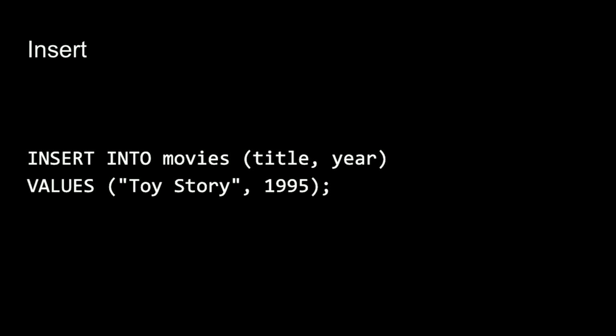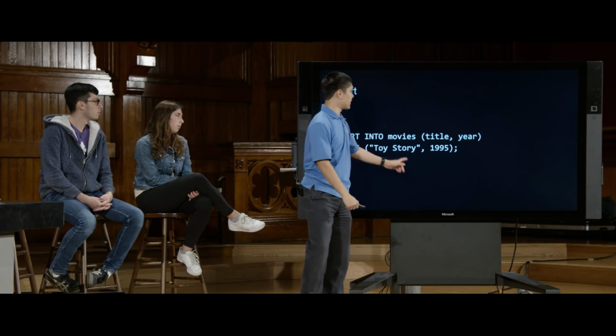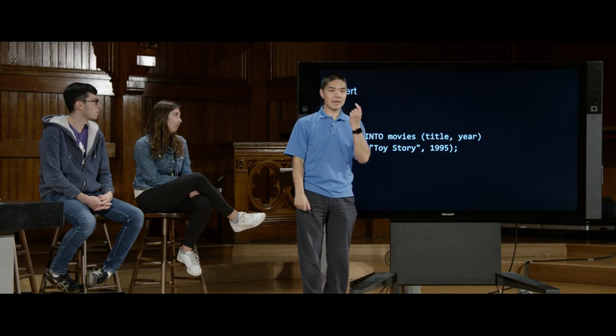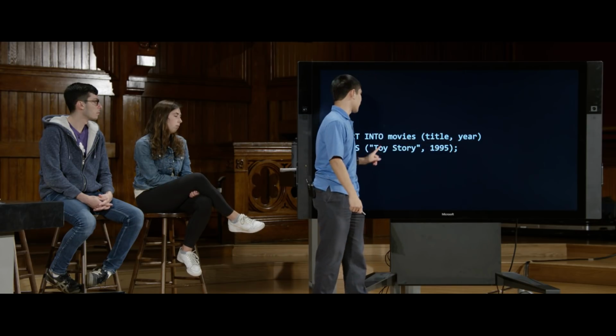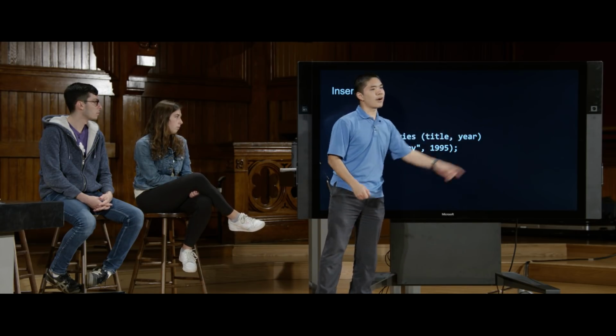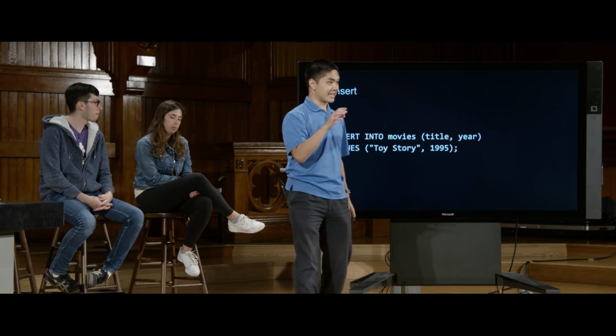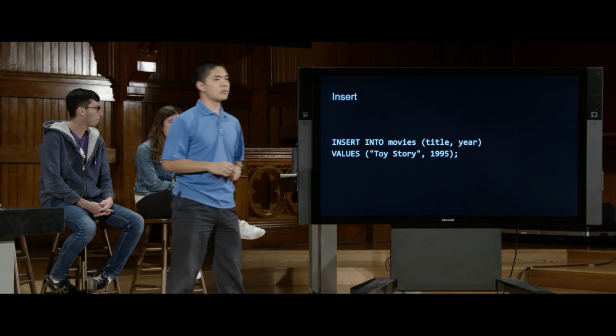What values am I inserting? Well, I'm inserting Toy Story and then 1995. So the title of a movie and then a year. And importantly, the order of these values needs to be in the same order as the order of the columns that I specify. So here I'm saying Toy Story is the title, 1995 is the year, and that is the row that I would like to insert into my movies table.